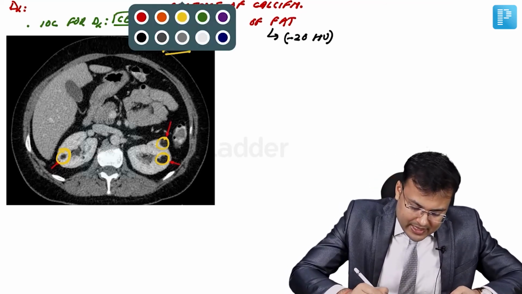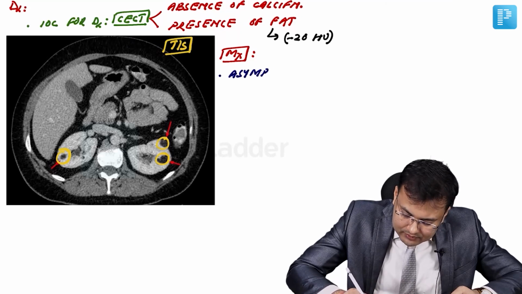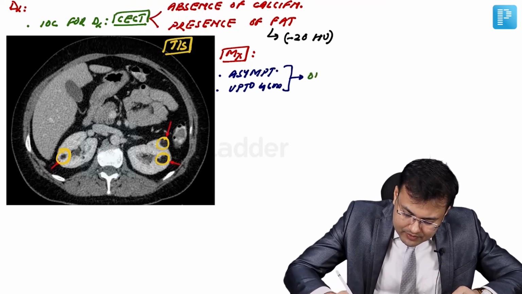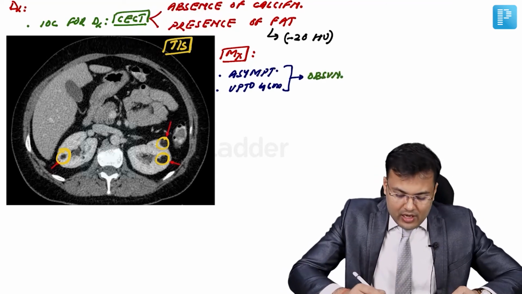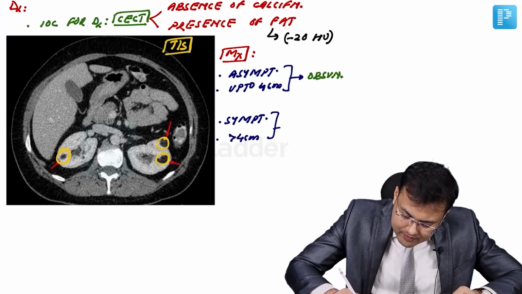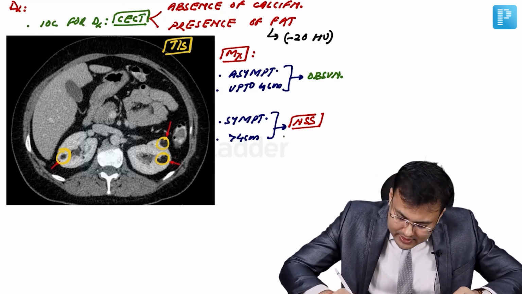Management is easy: asymptomatic and up to 4 centimeter, we go for observation. When the patient is symptomatic or the tumor is more than 4 centimeter, we go for nephron sparing surgery, also known as partial nephrectomy.